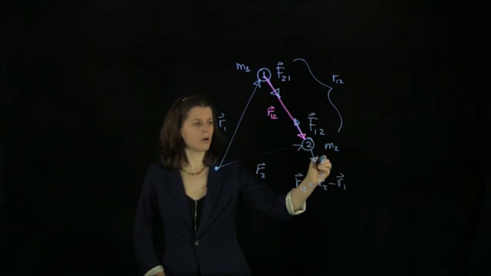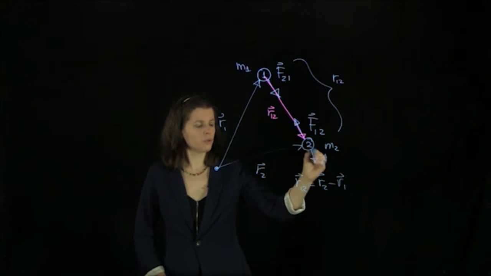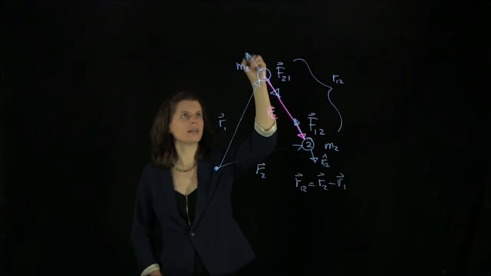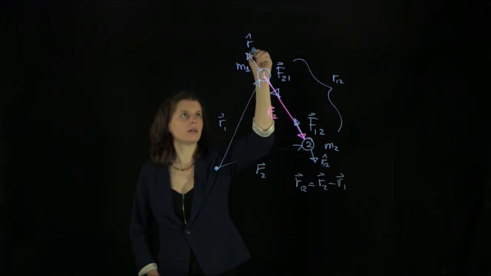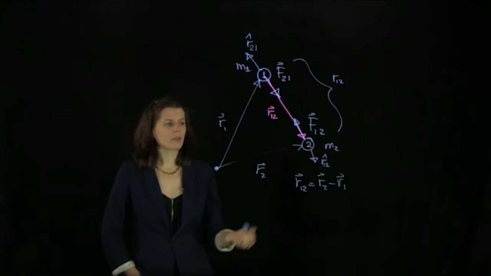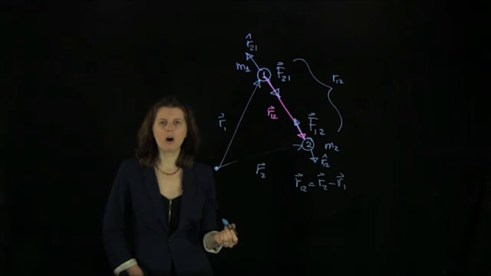So this is going to be our r-hat direction on object 2. And here we have an r-hat direction 21. And we're going to come back to the r-hat unit vectors later.